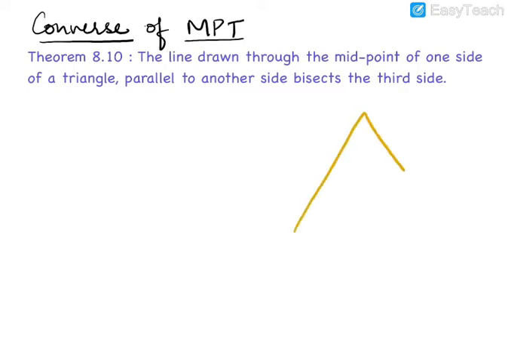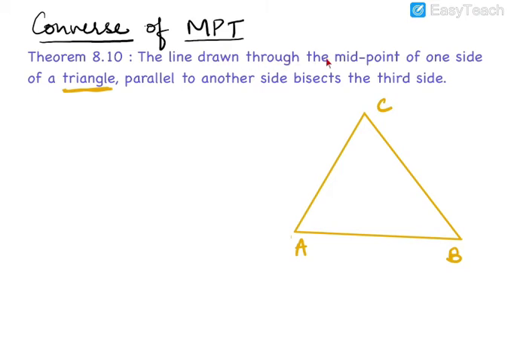So let's consider a triangle ABC. In this triangle, a line is drawn through the midpoint of one side. So let's say midpoint of AC is D. From this point D, we have to draw a line such that this line is parallel to another side.